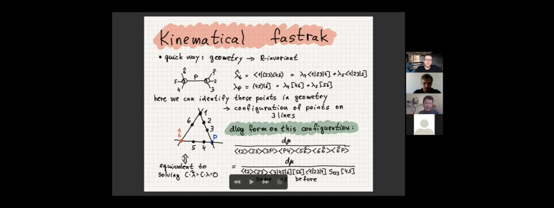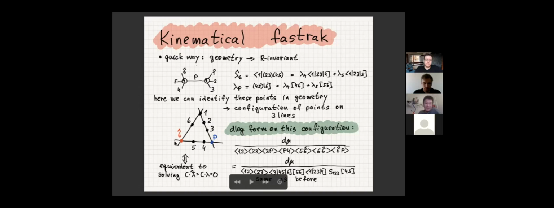But it is obvious in this configuration that once you start to deform it on boundaries, you also have to move points to these 2 special points, which I call 6 hat and P, because their lambdas directly correspond to these lambdas in the BCFW term. So sending 3 to the line 4, 5 and going to a codimension 2 boundary, when the minor 3, 4, 5 is 0, corresponds to sending the angle bracket <3 P> to 0.